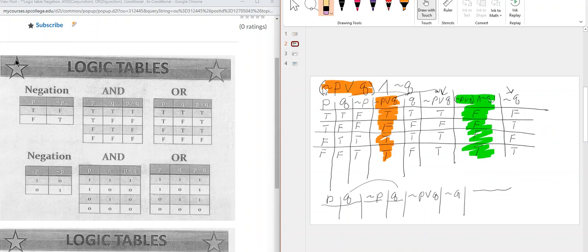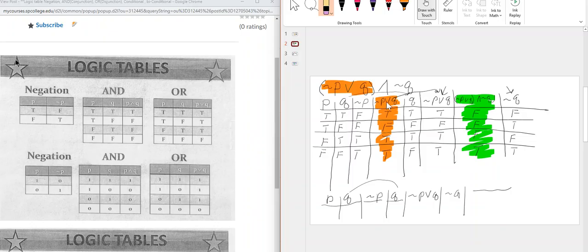Okay. The first one says not P or Q, and then and not Q. Well, you always do what's in parentheses first, and you've got to have a not there. So I created not. Put the possible combinations down: true, true, false, false, true, false, true, false. Not P is going to be the opposite of P, so false, false, true, true.